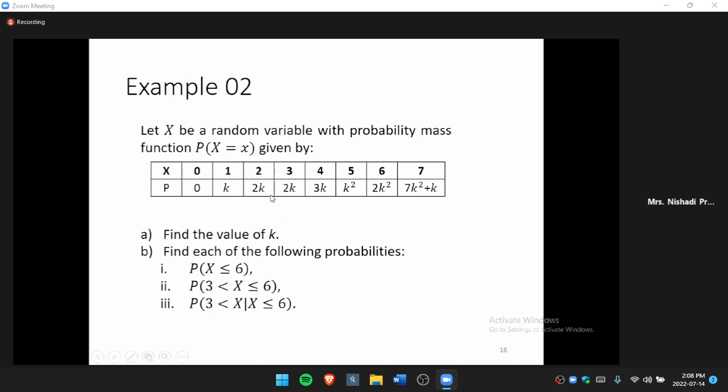So how are we going to find this value? Now you have a probability distribution table, or probability mass function, of the random variable x. In this example, it is not mentioned whether the random variable is continuous or discrete, but it is mentioned that the random variable x has a probability mass function.